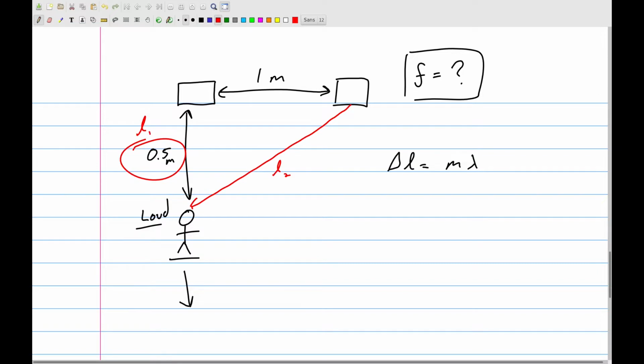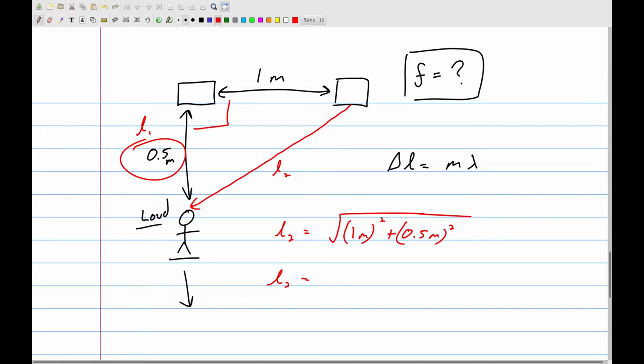And the distance to that speaker over there, that's a right triangle, so I can use the Pythagorean theorem. So L2 is going to be equal to the square root of 1 meter squared plus 0.5 meters squared.